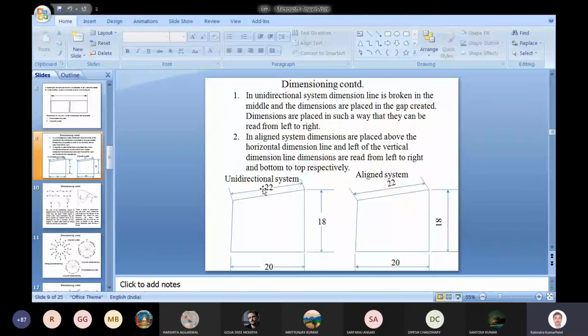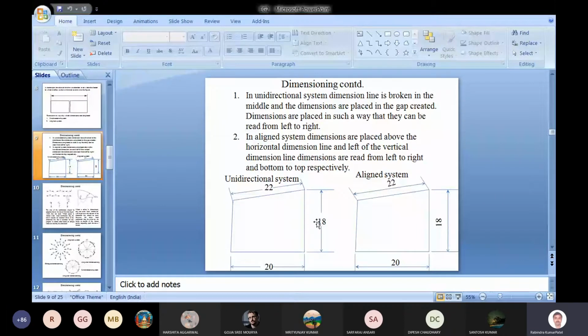In all three cases, length, height, and inclined dimension, one thing is common: it is kept in the middle of the dimension line. The other is that in all the cases it is placed in such a way that we can read the dimension value from left to right. Like 18 is written here in such a way that we can read it from left to right.